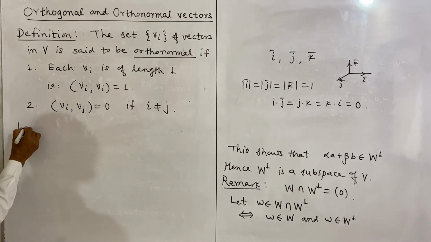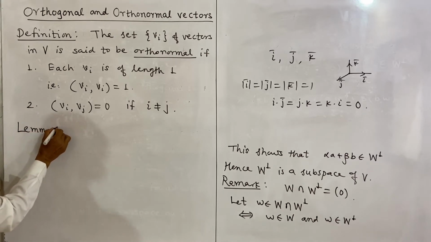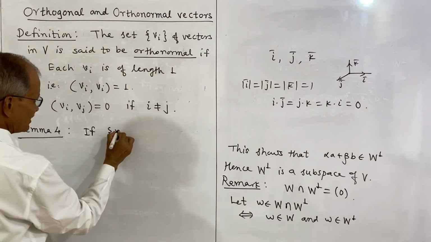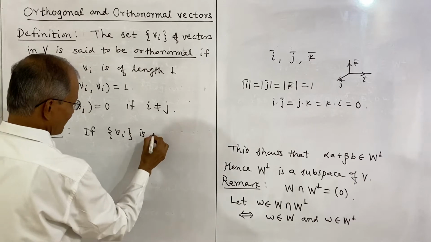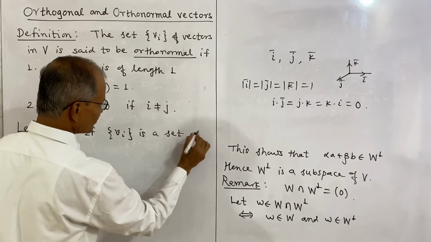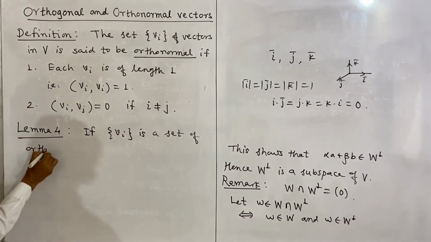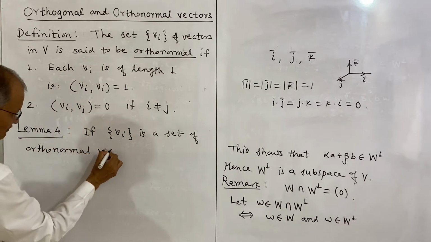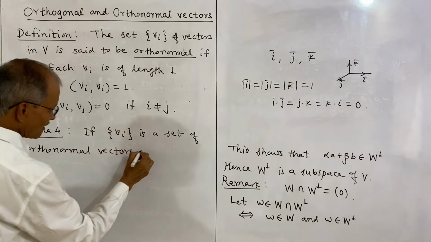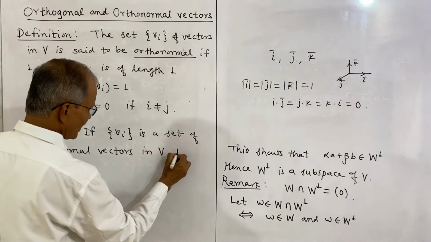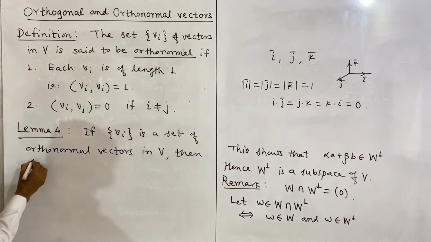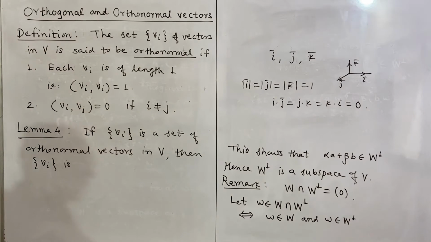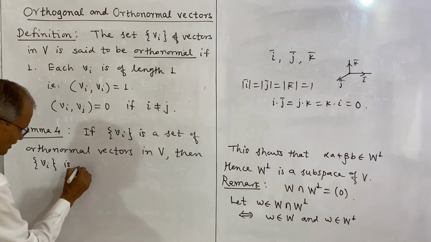Now we shall state our next lemma. Lemma number 4. If vi is a set of orthonormal vectors in V, then the set vi is linearly independent.